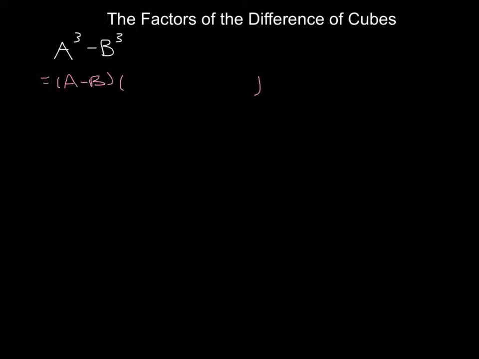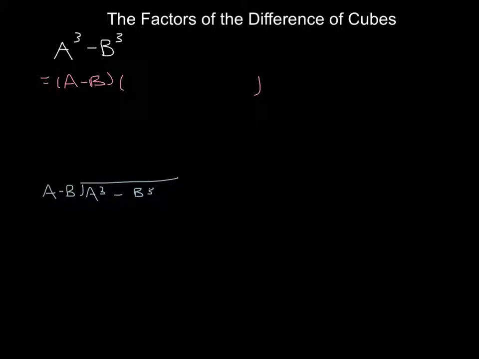So we have to figure out what the something else is. We're going to take a look at some division here. So a minus b is our divisor, and we have a cubed minus b cubed as our dividend.